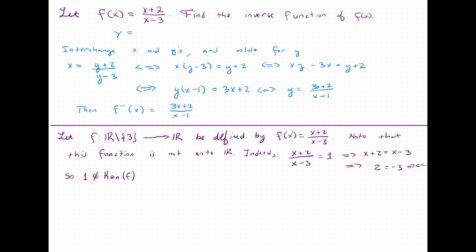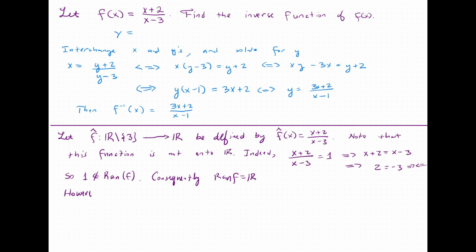And so we got this, and so consequently, the range of f cannot be equal to the set of real numbers since we are missing 1. And so that's one way of viewing it in this case for the function. However, now I'm going to go ahead and name this original function f hat.